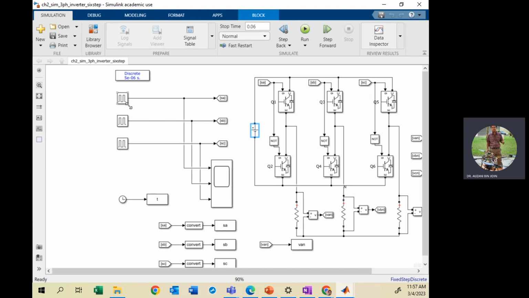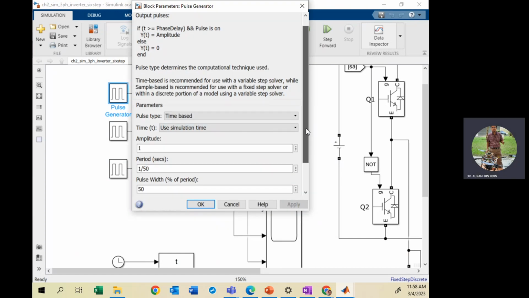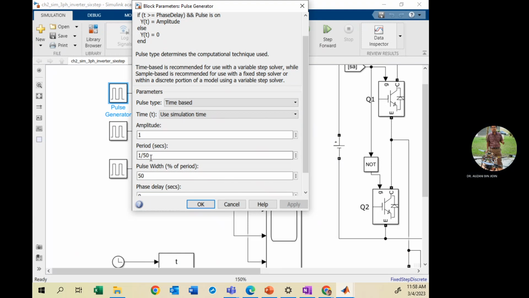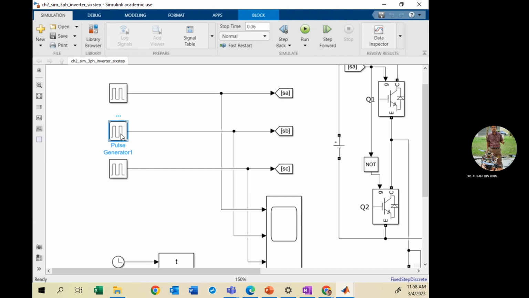In this case, I am using the pulse generator block to design the switching state for SA, SB, and SC, where the signal varies between 1 and 0. I double click this block. So you can see the amplitude is set to 1, period is 150, pulse width is 50%, and delay is 0.